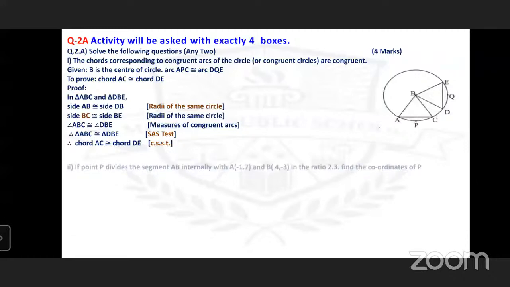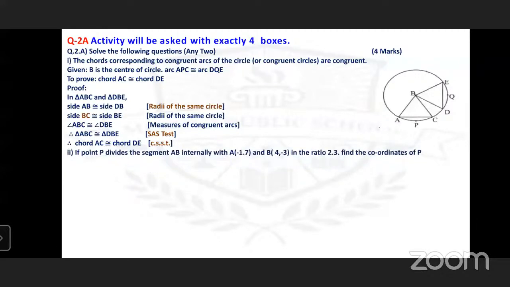Okay. Now next, the second question. If point P divides the segment AB internally, with A(-1, 7) and B(4, -3), in the ratio 2:3, then find the coordinates of point P. So in this question, one line segment is given, that is AB, having coordinates (-1, 7) and (4, -3).